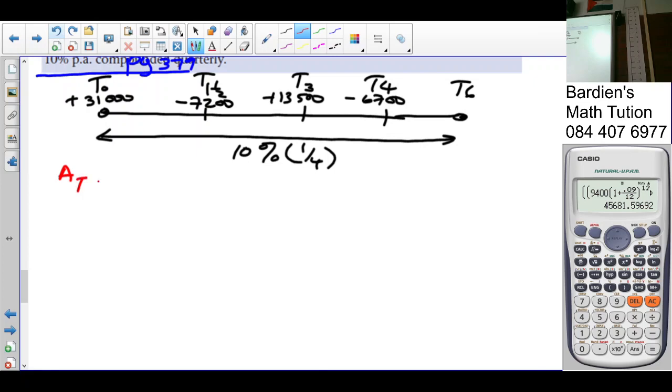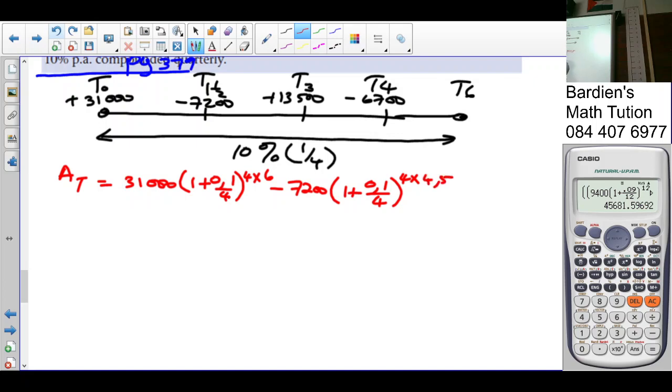Total equals 31,000 rand into 1 plus 0.1 over 4 to the exponent 4 times how many years? 6. Carry on. What's the next thing I need to write down? Minus. Why minus? It's a withdrawal. So 7,200 rand into 1 plus 0.1 over 4 to the exponent 4 times 4.5 years.